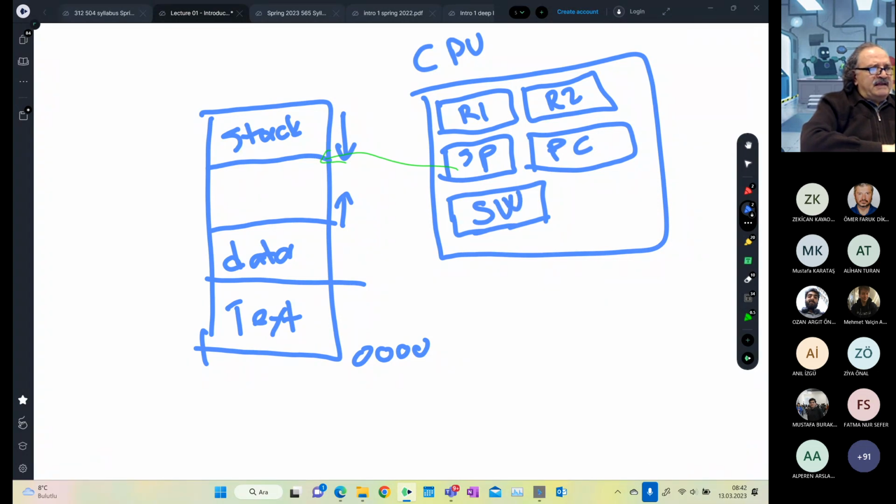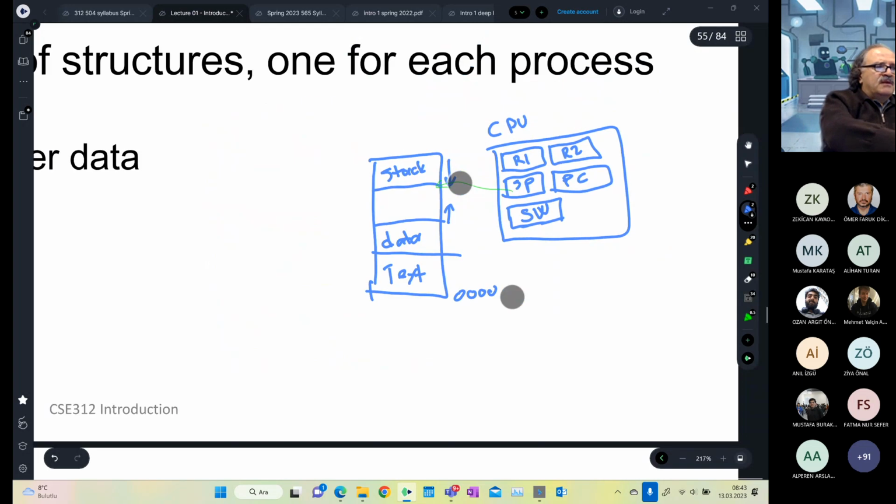These are special registers, and for each running program, I have to have these. Otherwise, the CPU cannot execute, right? That's the meaning of the CPU. So back to the definition of the process. When I talk about the process, I talk about a running program. When I talk about a running program, I talk about the inner states of the CPU.